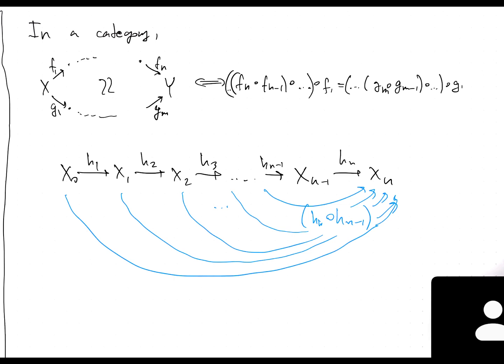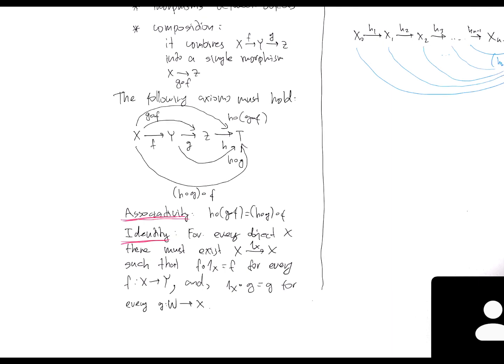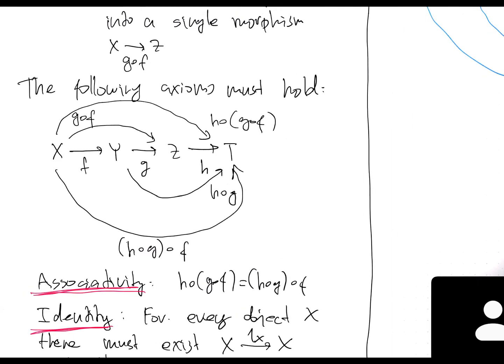But because of associativity, because of this rule, which tells us that the order in which we compose these morphisms in a path, but now this is for a path of just 3 morphisms, the order doesn't matter. You see here we compose these two first, and then we compose that with h. But that was required to be the same as composing those two first, and then composing that with f.